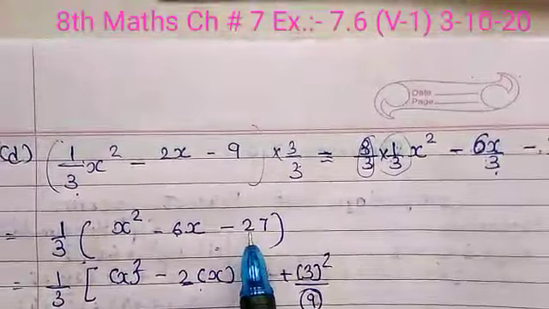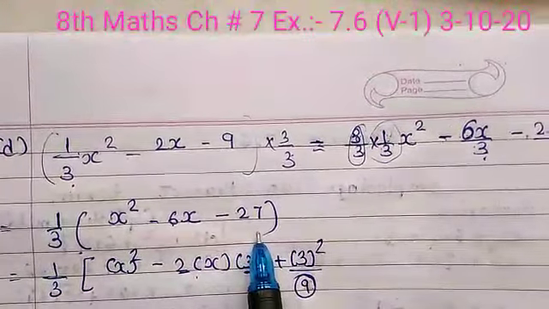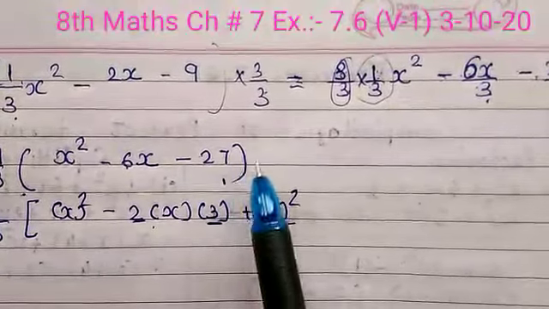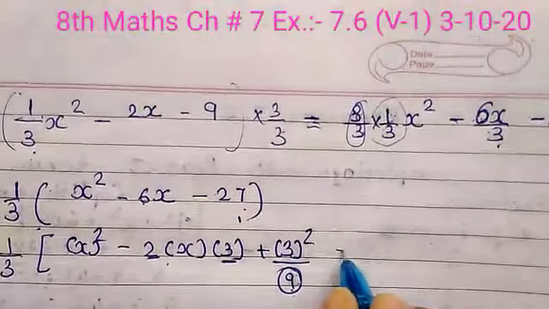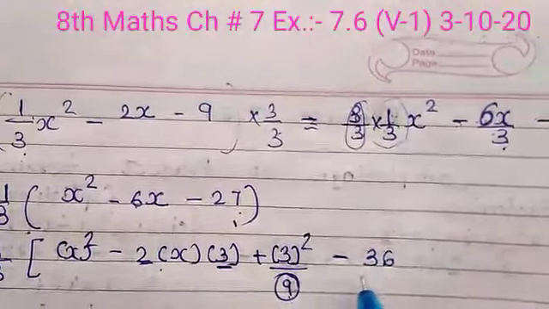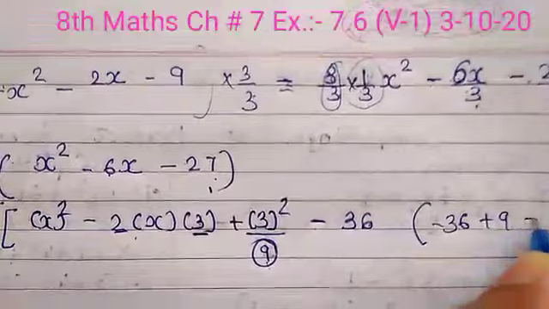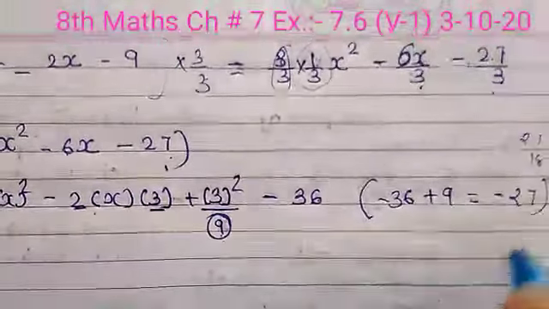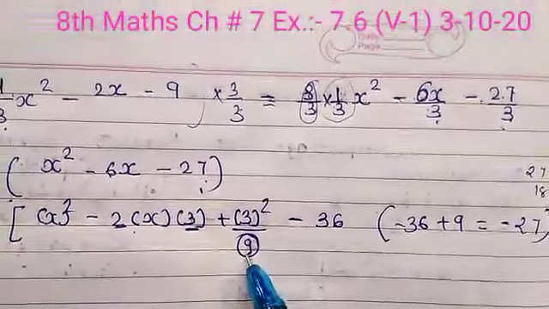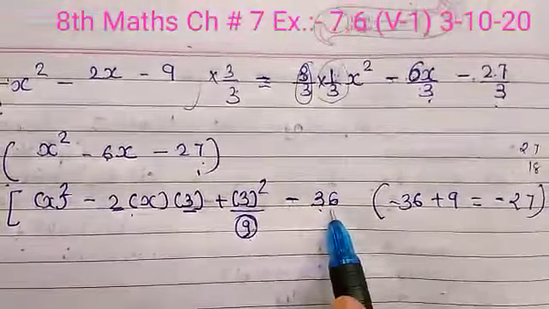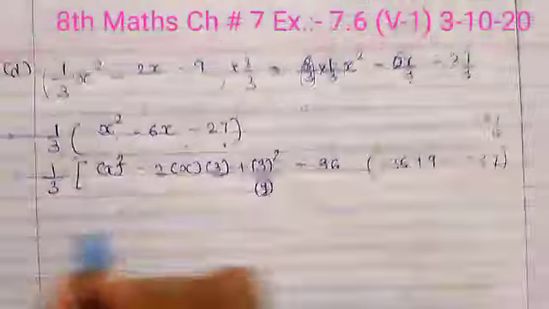Here we have 27, right? So here we have taken 9, so we want minus 27. So what you will do, we have to put here minus 36. Why? Because minus 36 plus 9 is equal to minus 27. So if we are putting here 9, then we have to subtract 36 to get minus 27.